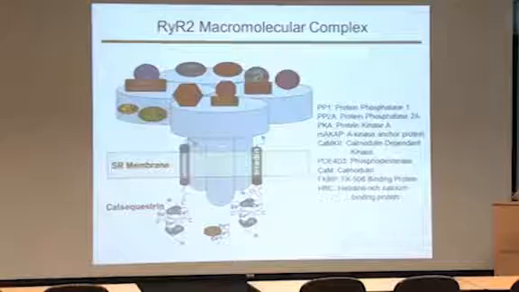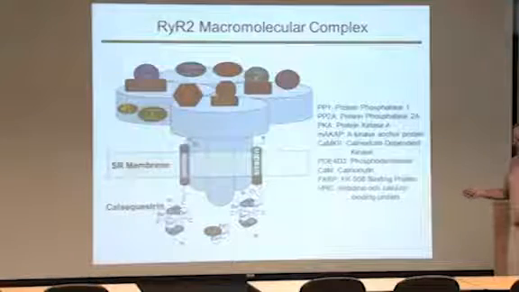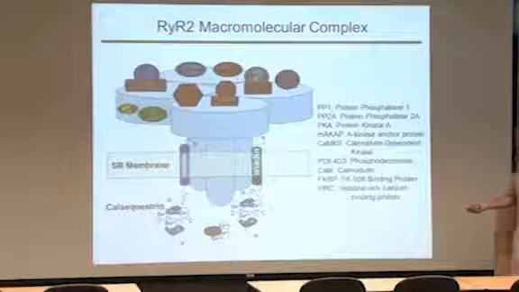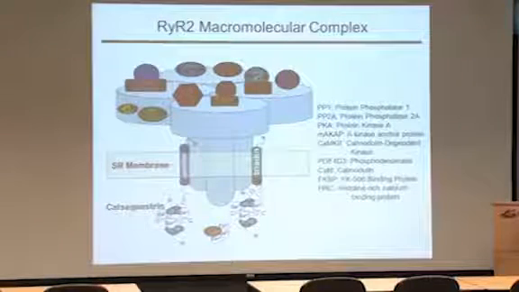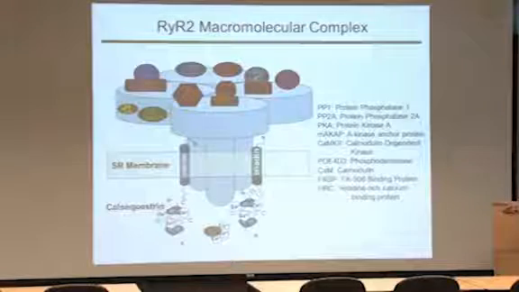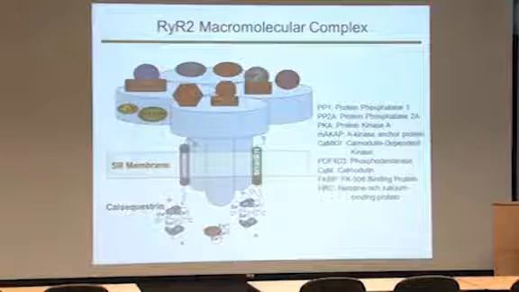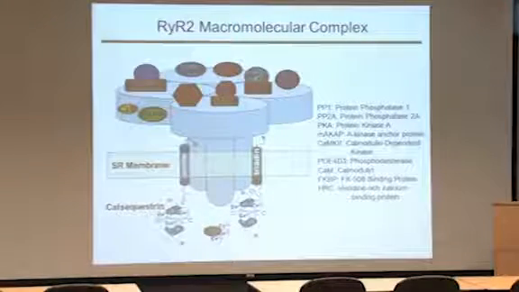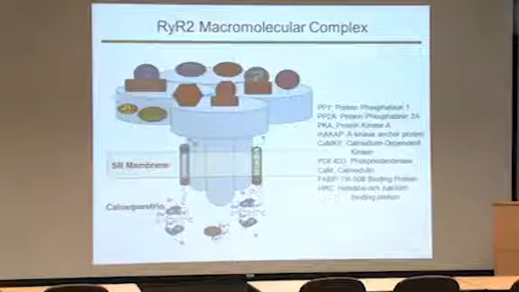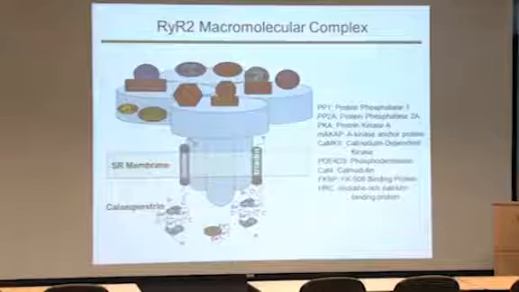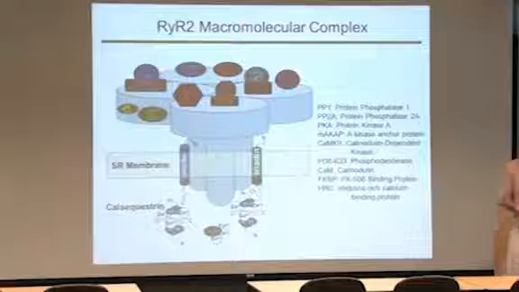There are proteins that bind to the ryanodine receptor that span the SR membrane and bind to proteins in the SR lumen, such as calsequestrin and this histidine-rich calcium binding protein. So both of these have low affinity but a high capacity for calcium binding. They keep free calcium relatively low in the SR, but act as sponges, so they keep the total calcium relatively high.